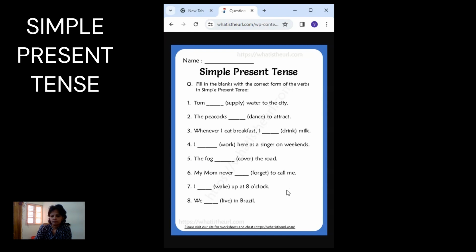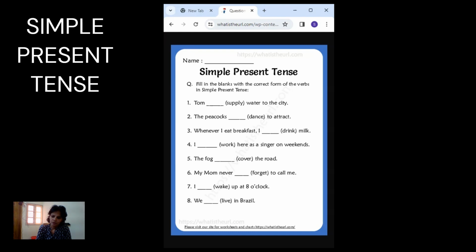And sixth one, my mom never dash forget to call me. My mom never forgets. Here we should add s. My mom never forgets to call me, because we are talking about another person.